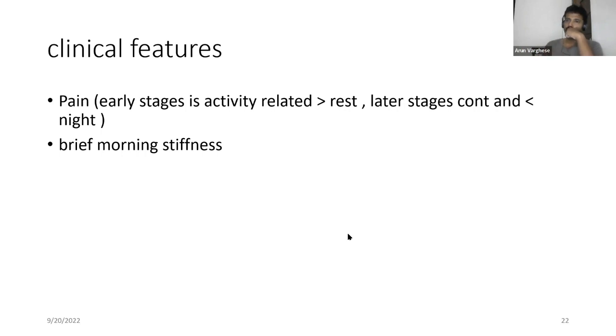On examination, the movements will be restricted. So what movements can we ask the patient to try? Ask the patient to touch the chin to the chest and touch the ear to the shoulder. These are movements you can ask the patient to imitate. If it is not possible, you can suspect it. Mostly you will find paravertebral stiffness, that means the muscles will be stiffened around the affected area.